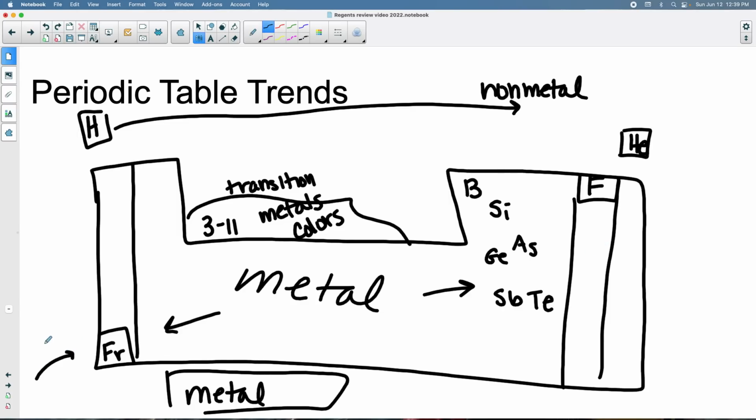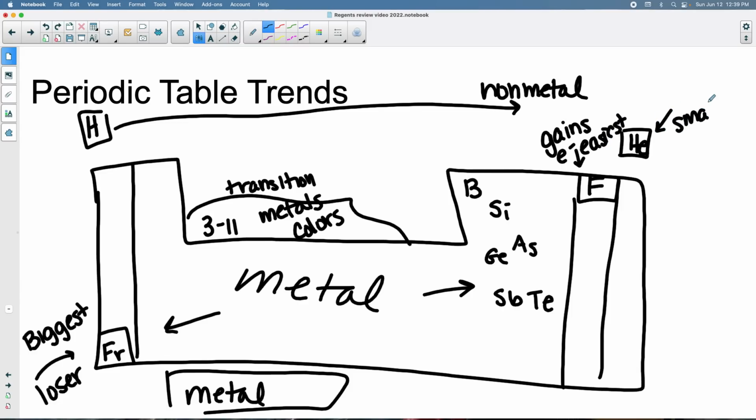Remember that francium is our biggest loser. Francium loses electrons the easiest and has the largest atomic radius. Fluorine is the one that gains electrons the easiest. But helium is the smallest atom.